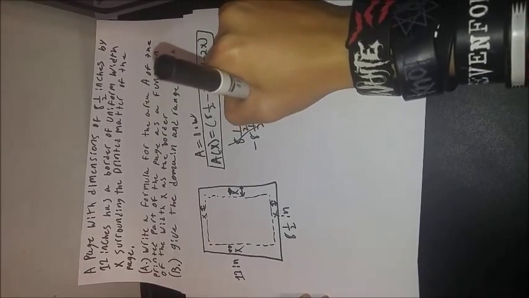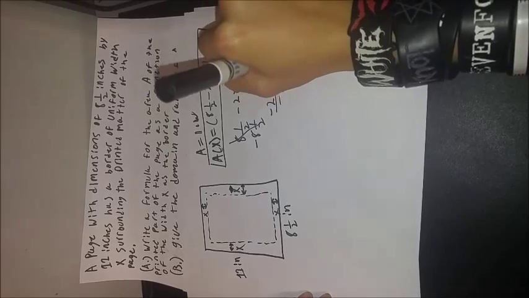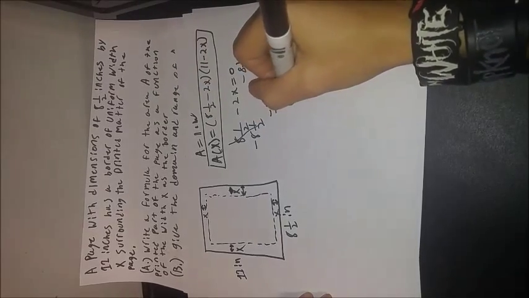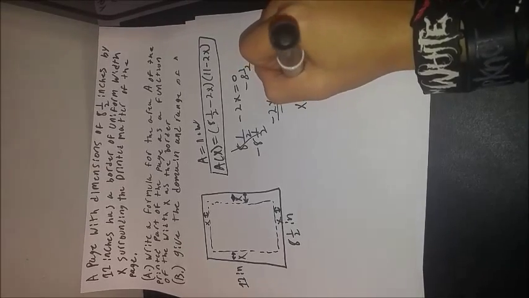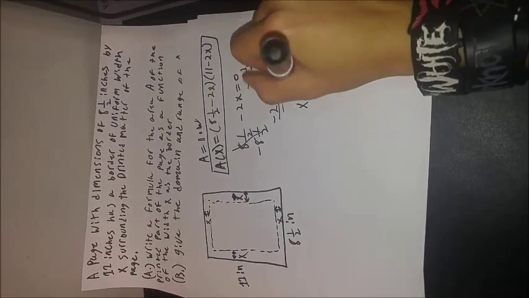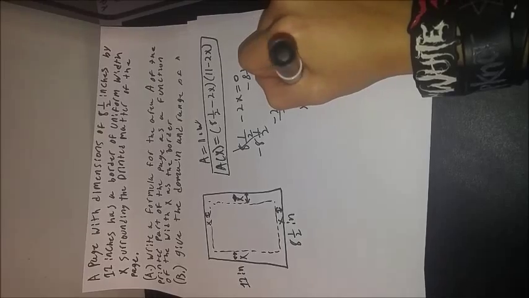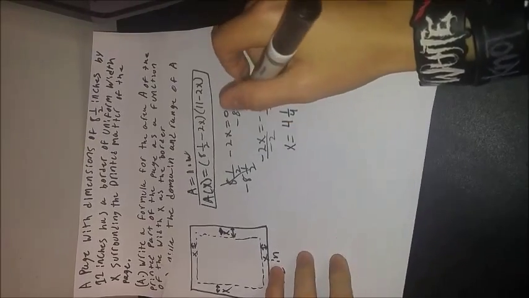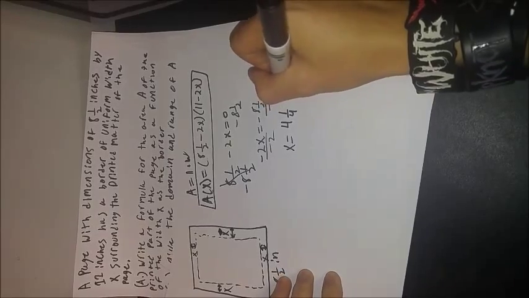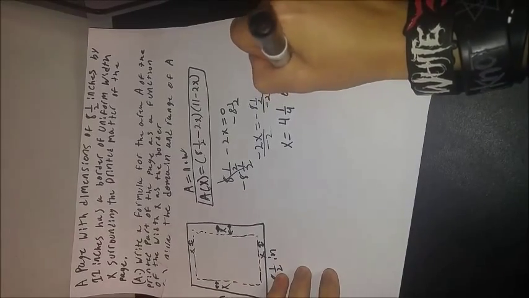Then we divide this by negative 2, divide this by negative 2. And the answer for the domain, for the x-intercept, would be 4 1/4, or we could write it as 4.25.